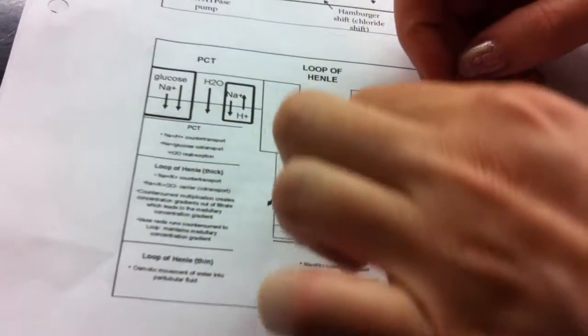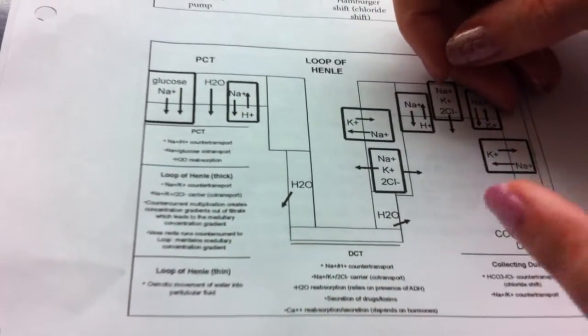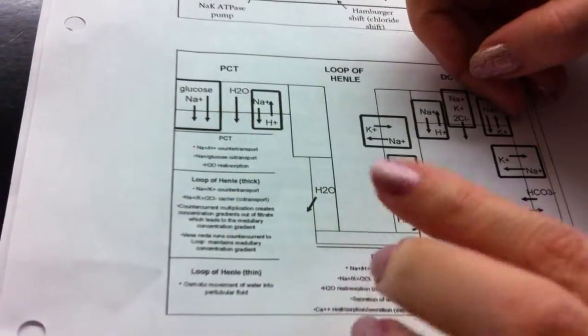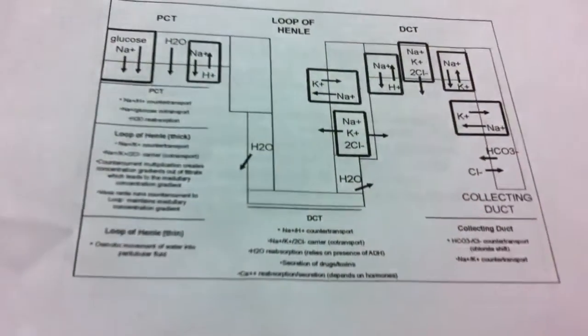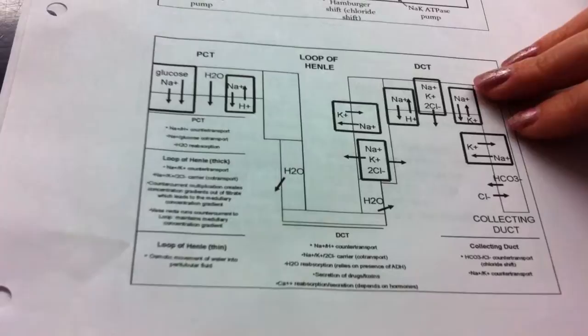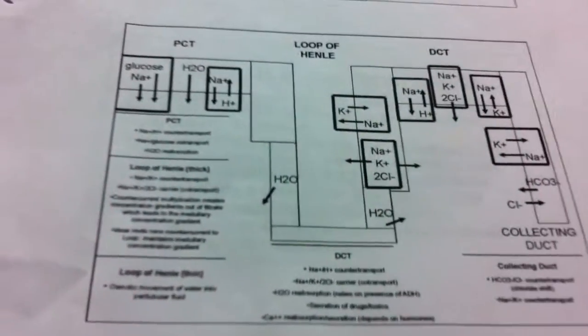So the vasa recta has even more salt to pull down here, makes it even more concentrated, and on and on and on. What you call that huge amount of salt down here is the medullary concentration gradient. And the fact that all these things are running in opposite directions and creating this medullary concentration gradient is called the countercurrent multiplication.